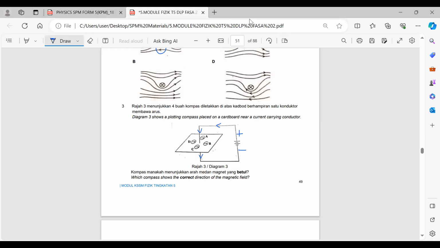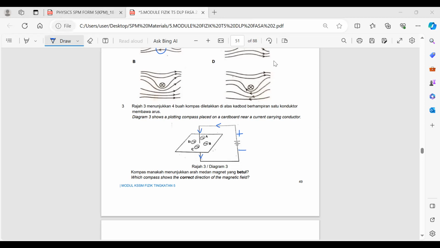So when you use the right hand grip rule, okay, yes. So right hand grip rule, the thumb will follow the direction of the current and the other 4 fingers should follow the direction of the magnetic field. So see which one indicating correctly between A, B, C and D.